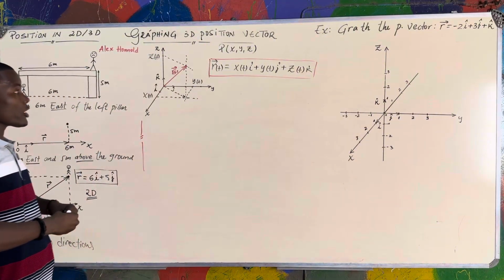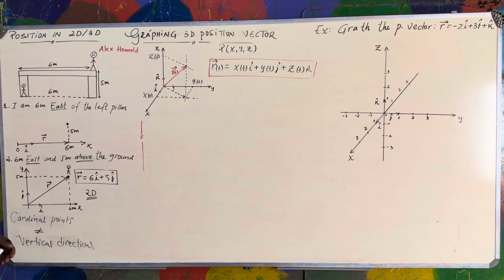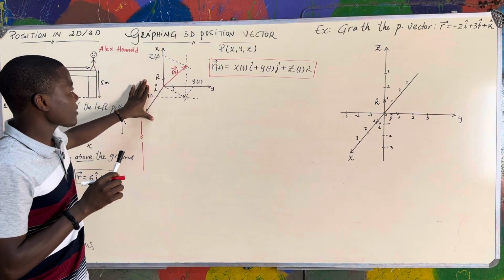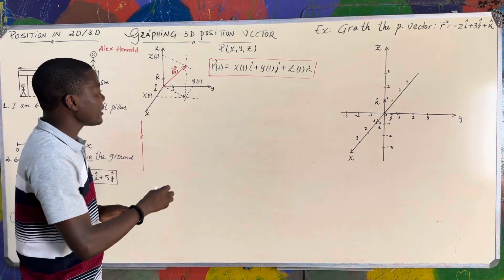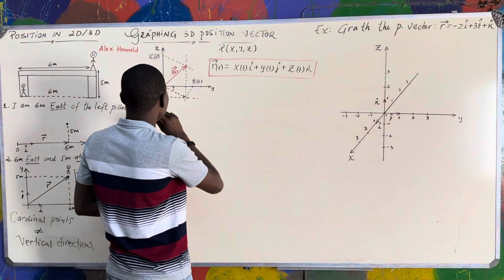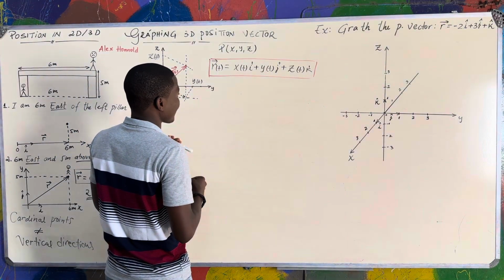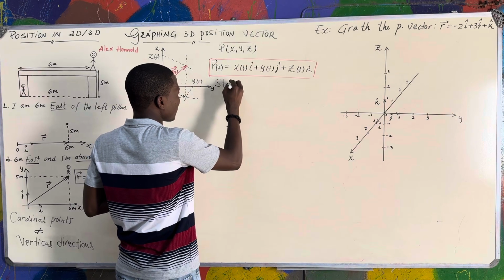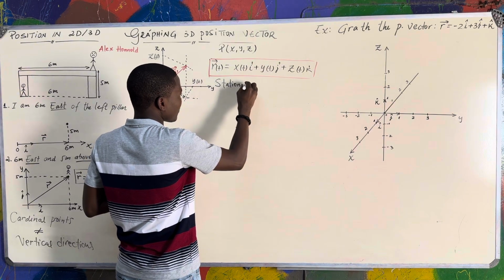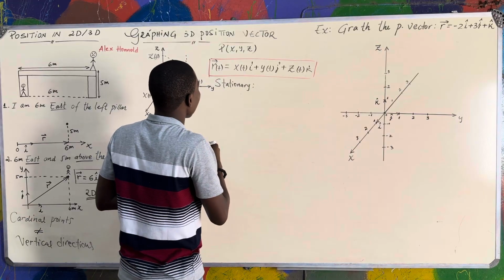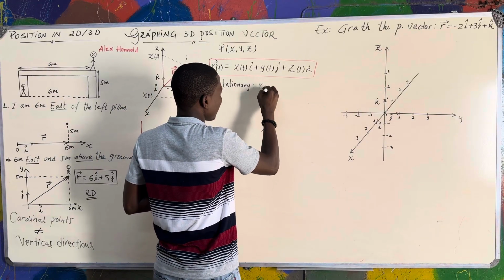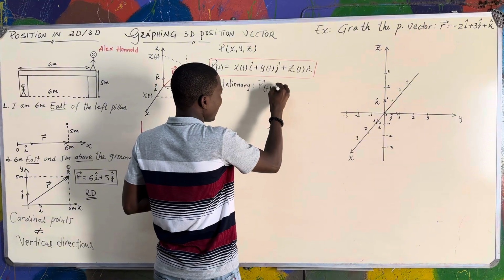And now for a stationary object, since that photo would be just capturing a moment, this position vector that varies with time will be a constant. For a stationary object here, this varying position vector with time will simply be a constant.